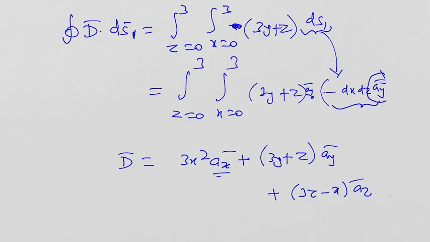So ax with ay may be 0, and az with ay will also be 0. So definitely I am going to work only with the ay component alone. Then only this surface area is perpendicular to ay. So I take only the component related with ay alone. The magnitude along the y-axis alone is taken into consideration for this dot product.